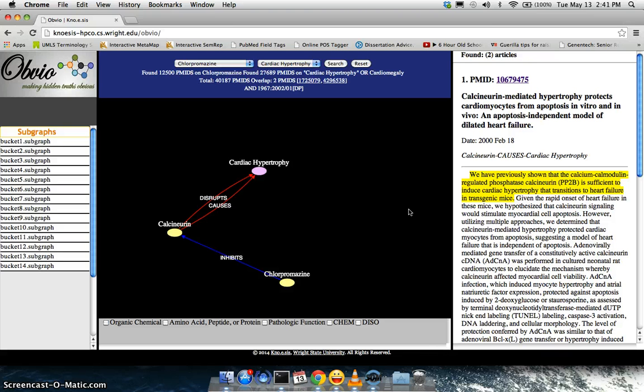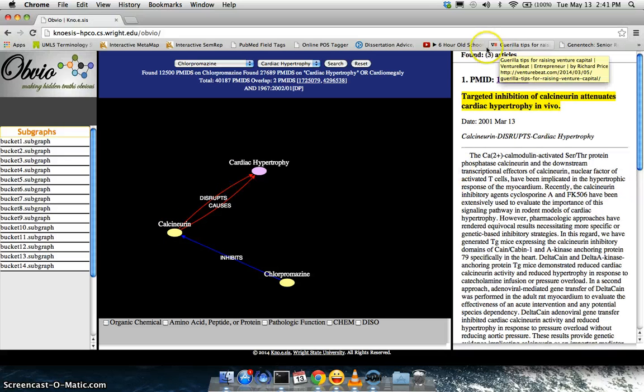Additionally, since the provenance of each predication is provided, resolution of conflicting semantic predications can be achieved as part of the discovery browsing process. For example, the predication which states that calcineurin disrupts cardiac hypertrophy was extracted from 3 articles in MEDLINE.